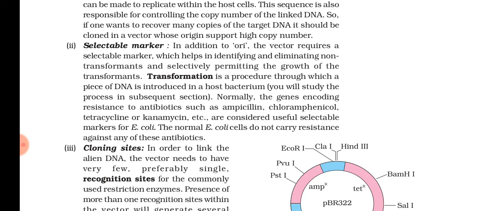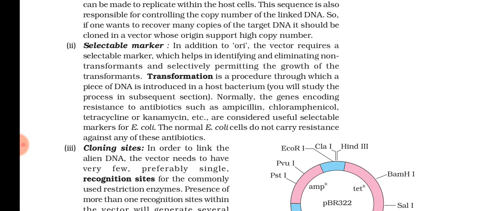Understood? So they can be used as a selectable marker for E. coli. Normal E. coli cells will not have this particular gene which is resistant to antibiotics. Only the transformants will. Is it clear? Transformants means the genome which is having the gene of your interest.